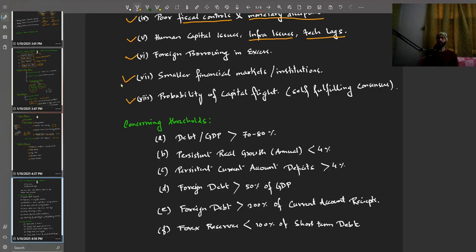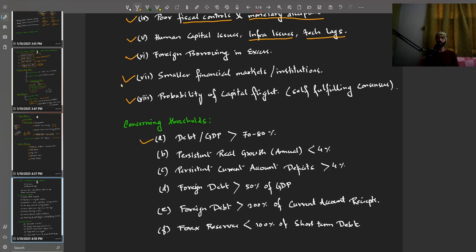Foreign investors who are investing in emerging markets are very wary of other foreign investors taking out their capital. And this kind of consensus building can actually be a self-fulfilling cycle. So the probability of capital flight in a certain country has to be taken into consideration. What are the threshold numbers? If you have to quantify all these factors, what are those numbers that you should be concerned about?